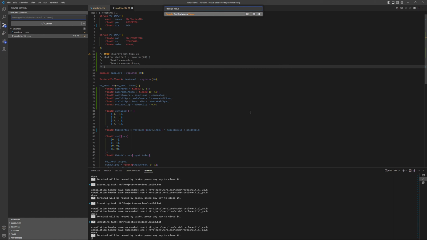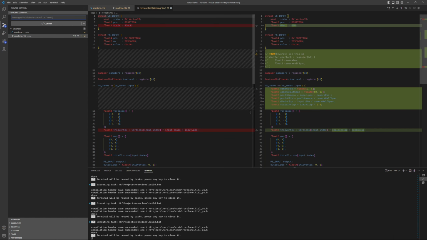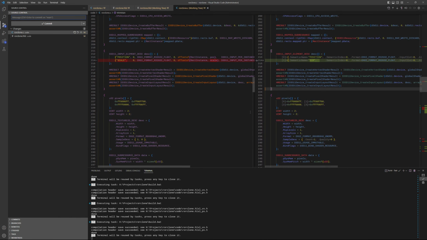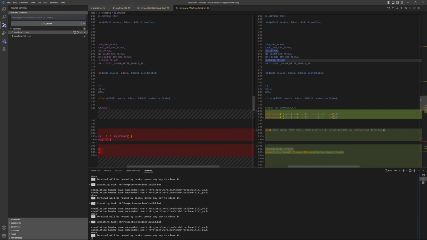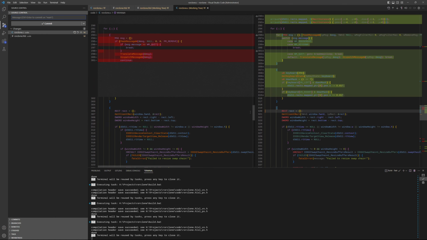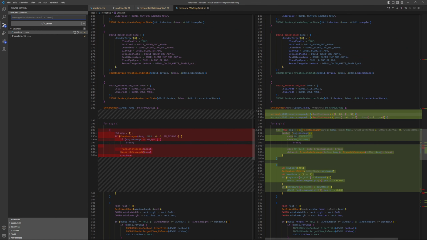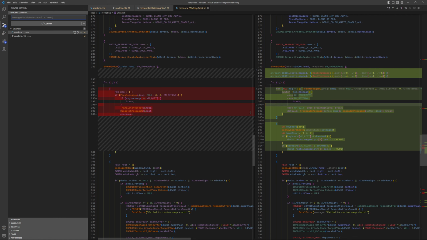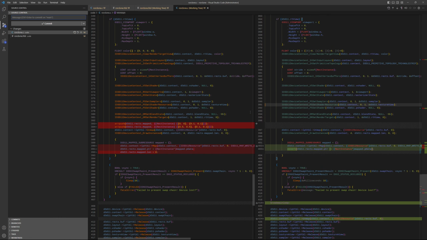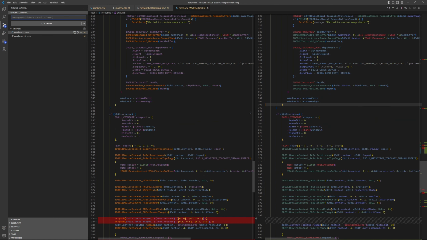Toggle focus. Focus into primary, yeah. Okay, seems fine to me.